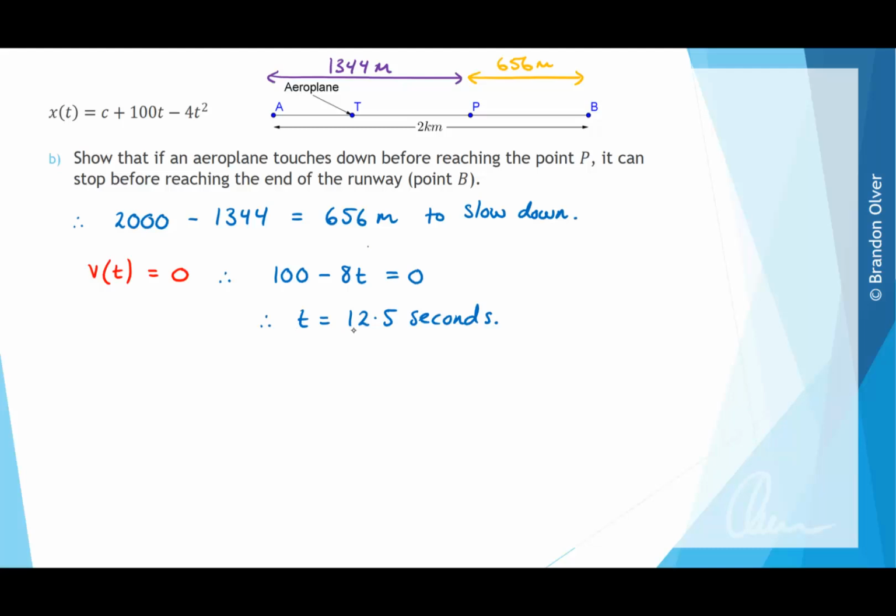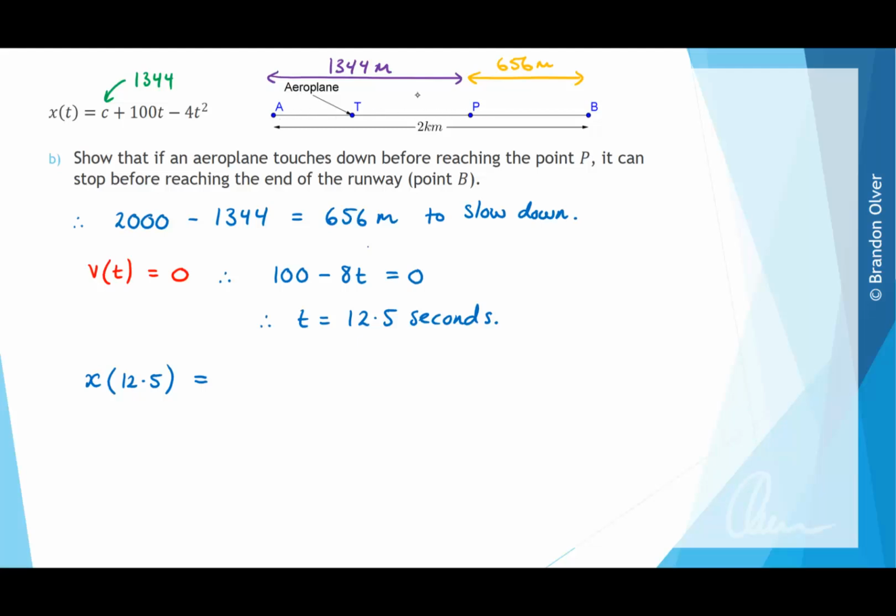So we know that it will take 12.5 seconds for the plane to come to a complete stop, for it to be stationary. So we can now find the position after 12.5 seconds of a plane, and for this part we're going to let c be 1,344, which is the greatest distance that it could be down the track.